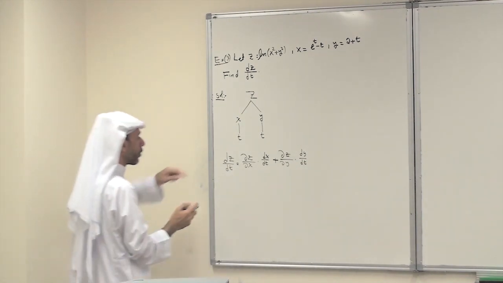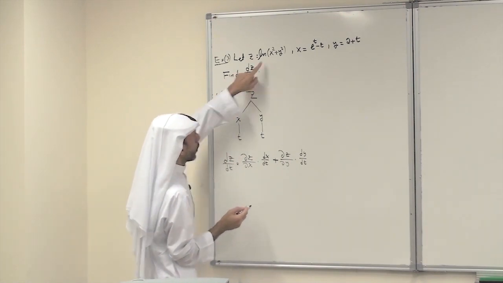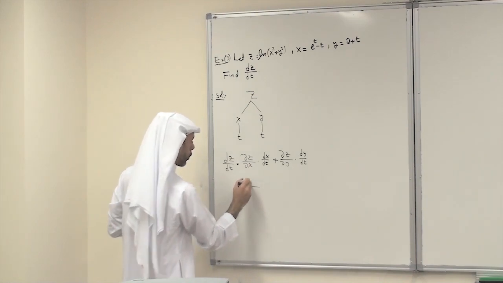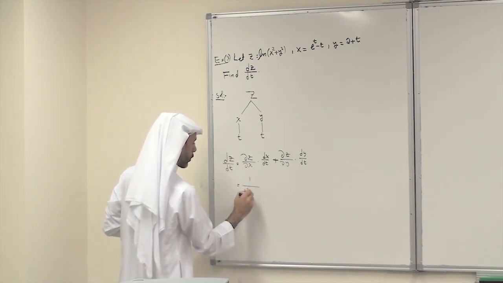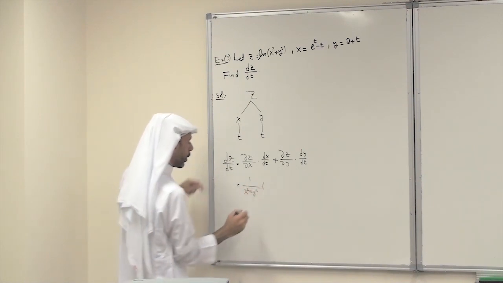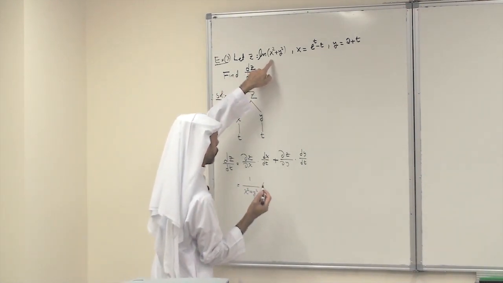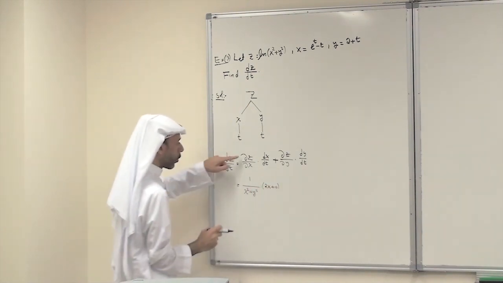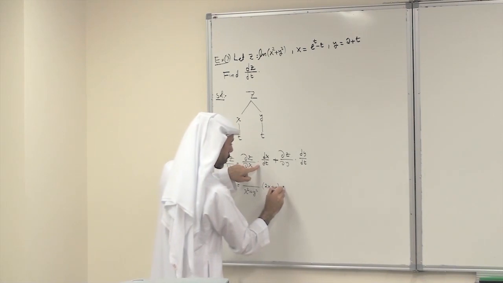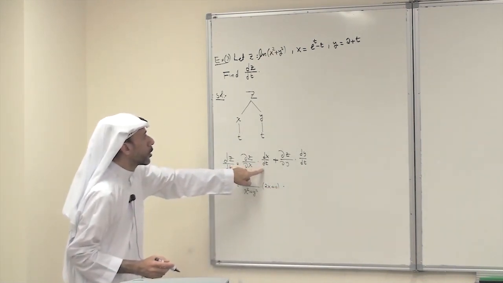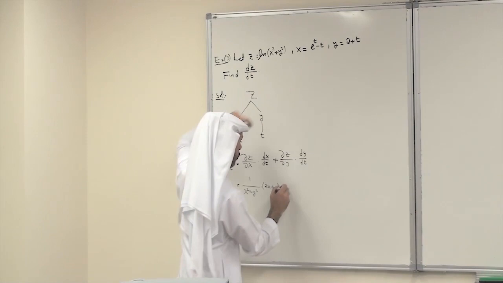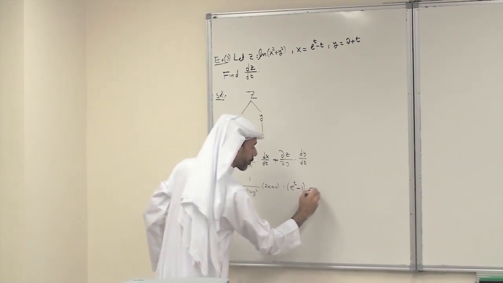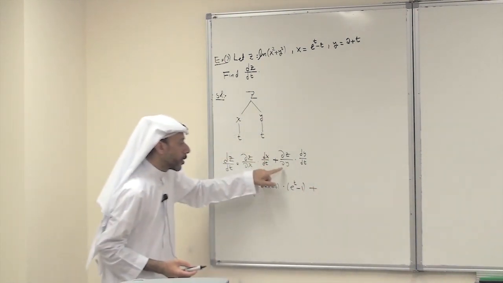Now we compute each term. Partial derivative of z with respect to x: when you differentiate this with respect to x, this is 1 over (x squared plus y squared) times, using the chain rule, 2x plus 0. This is for partial z partial x, times the derivative of x with respect to t, which will be e to the power t minus 1, plus the partial derivative of z with respect to y.